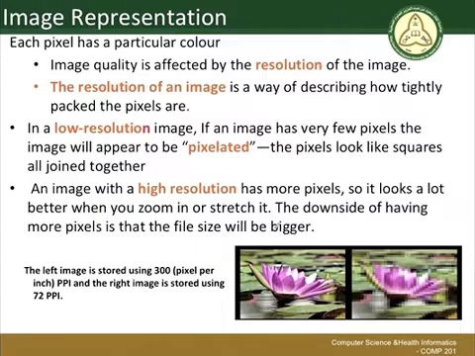But the downside of having more pixels is that each pixel will have a binary code, and it's going to depend on the number of bits in that binary code. So if it's white and black, I have only one bit, but if it's colorful, it's going to have more bits. And the downside of having more pixels with more color is that the file size will be bigger.